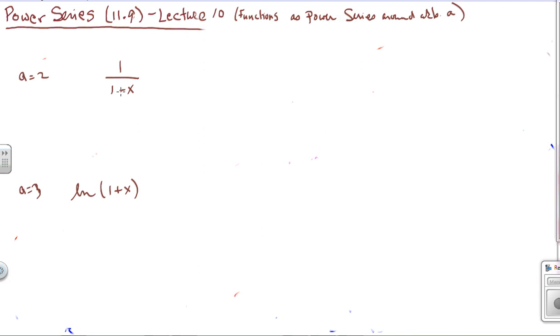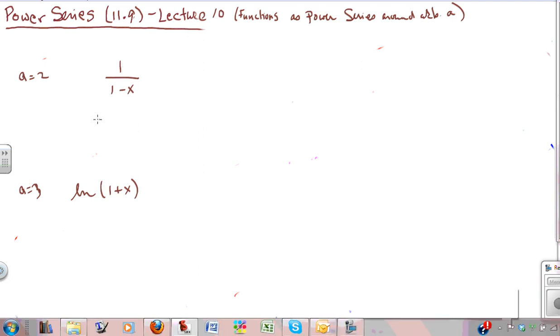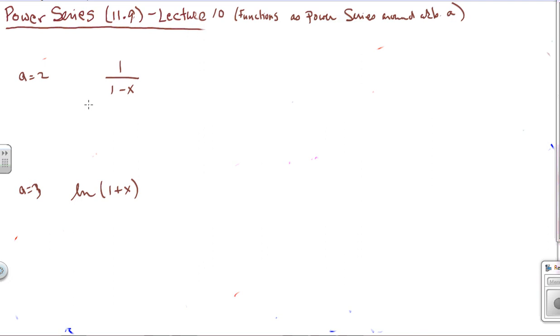This first one here, if you recall, is one we described first around a equals 0, because that's a straightforward geometric series, right? And as far as geometric series go, that is simply equal to the sum n equals 0 to infinity of x to the n if the absolute value of x is less than 1.